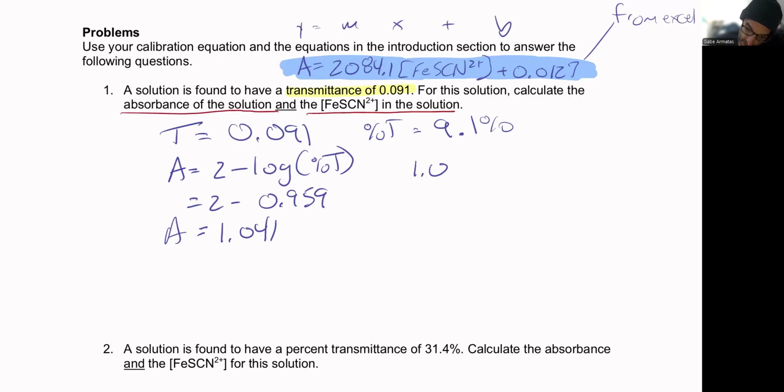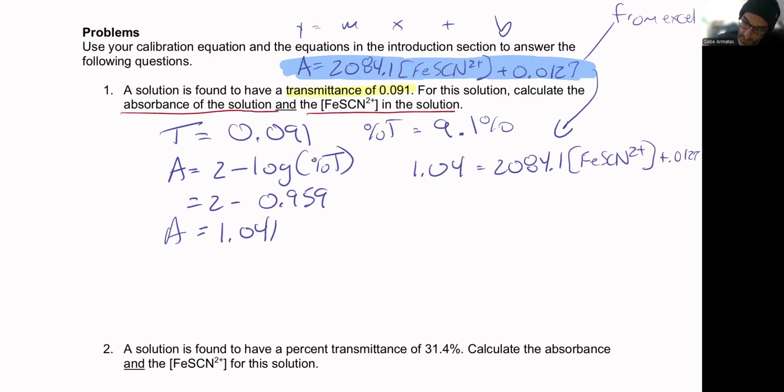Now that I have 1.041, I am plugging it into this equation. 1.041 is equal to 2084.1 times the concentration of FeSCN2+ plus 0.0127.